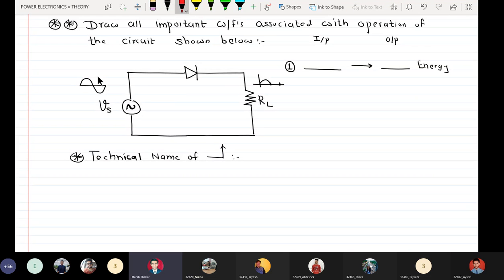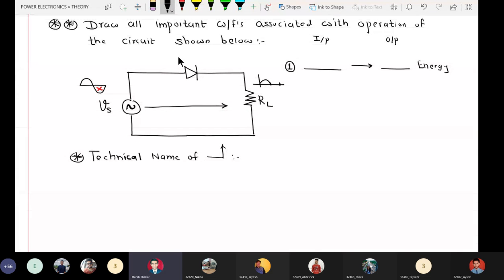Because I am stopping the negative half cycle from being sent from the source to the load. That is why I say negative half cycle is controlled. On the other hand, if I reverse the direction of the diode and I make this diode connected like this, now can you tell me which cycle will not be sent?